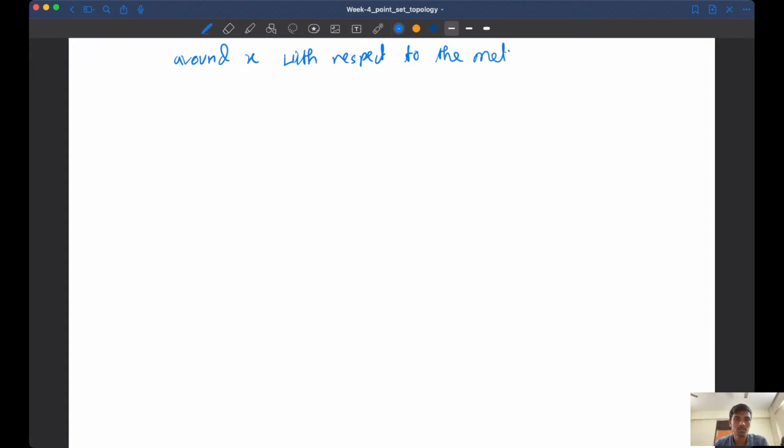So that is basically, B_r(x) contains all points y belonging to X such that the distance between x and y is strictly less than r.